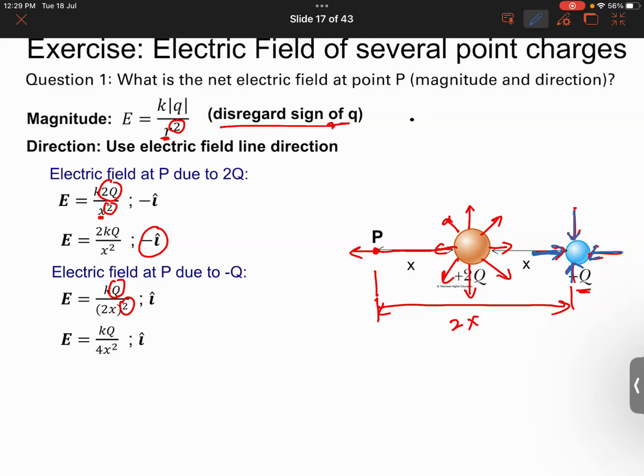If you extend this electric field line, it will pass through point P. So at point P, the point where you want to find the electric field, you can see that the electric field line that belongs to the -q charge is pointing to the right, and hence the direction is +i hat. Is that clear how to find the direction of the electric field?